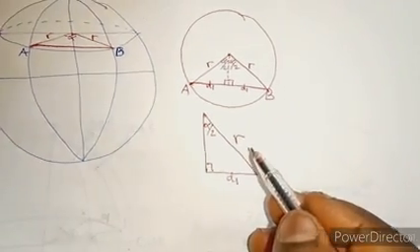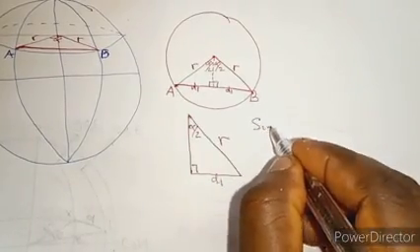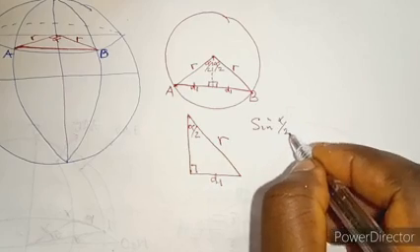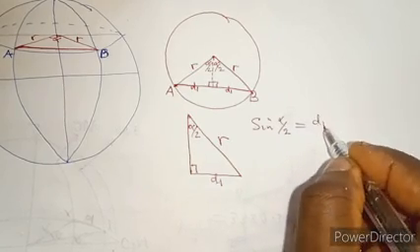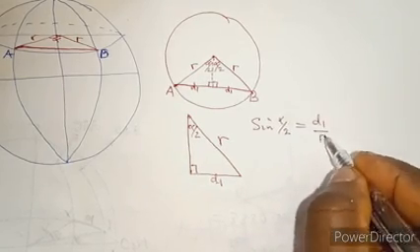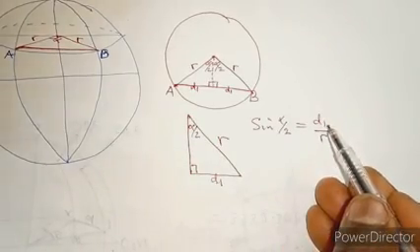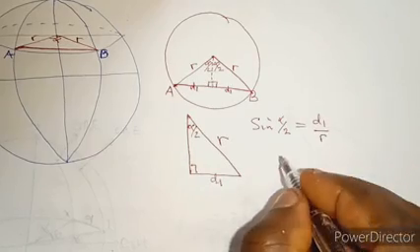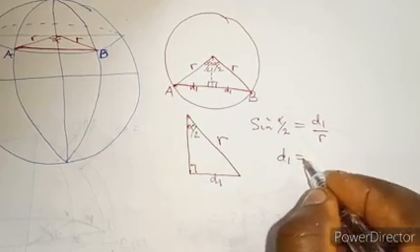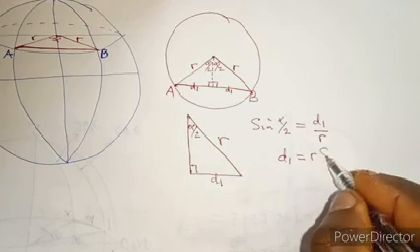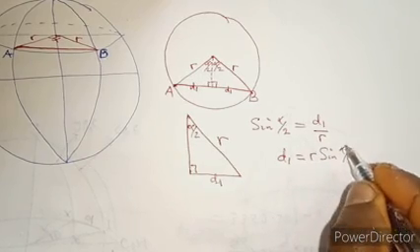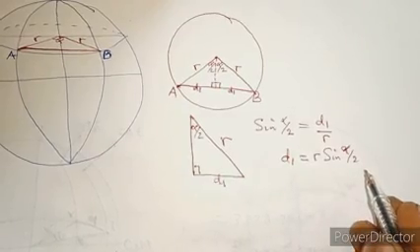That will give me sine of alpha over 2 equals D1 over r. I'm looking for D1, so I'll simply make D1 the subject of the formula. So my D1 is equal to r sine alpha over 2.